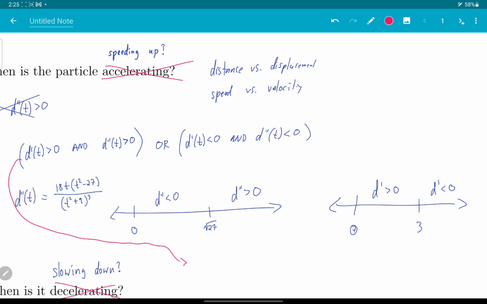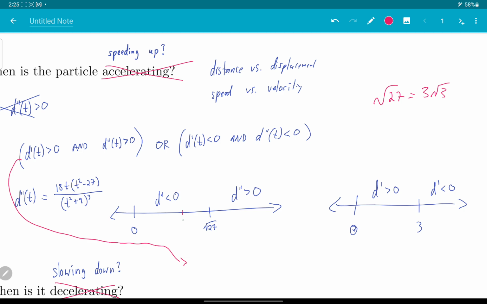So this guy happens when d prime is bigger than 0, d double prime is less than 0. Sorry, d prime is bigger than 0, d double prime is also bigger than 0. So when's that going to happen? Well, if you think about root 27, it is 3 root 3. So it's bigger than 3.